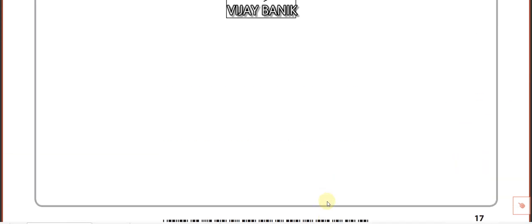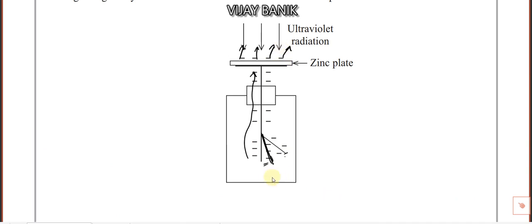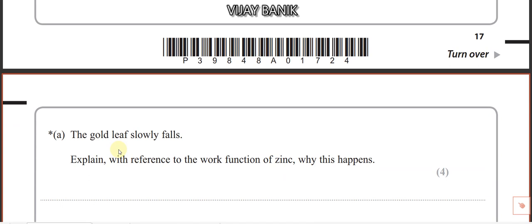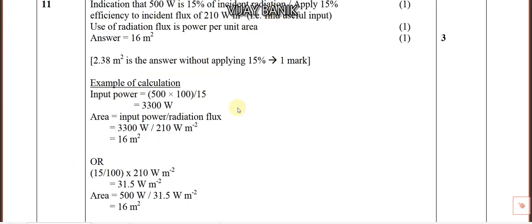As the number of electrons at the plate decreases, electrons from the bottom rod flow up to take their place, and as the number of electrons at the bottom decreases, the repulsion decreases. So the gold leaf falls slowly. You also have to say something regarding the work function of zinc, and most probably the one-to-one interaction. I'm not sure about that. Let's see what answer they got.